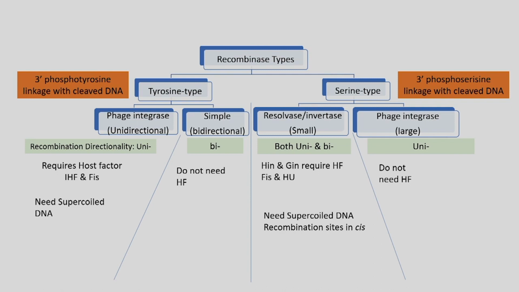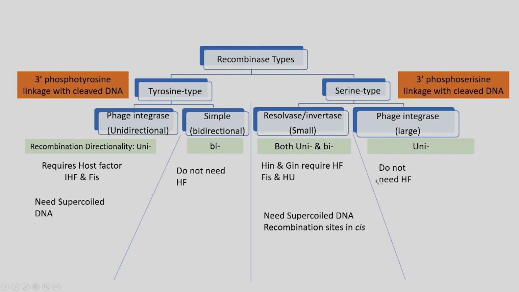These tyrosine types are further subdivided into phage integrase, which may be unidirectional, and simple type, which may be bidirectional, whereas the serine types are divided depending on the size, like the resolvase or invertase, which may be small, and the phage integrases, which are very, very large.